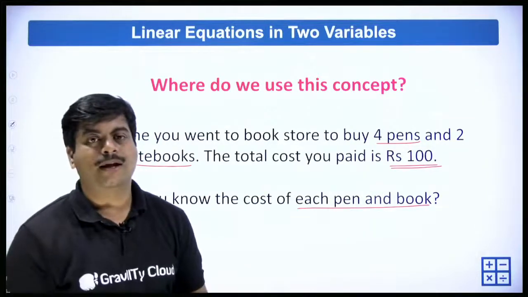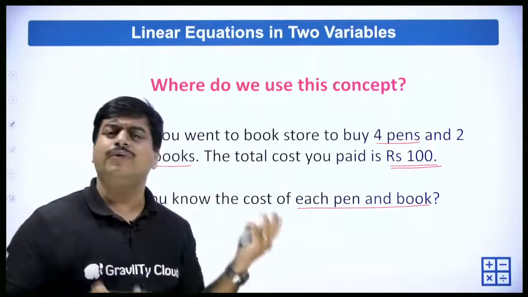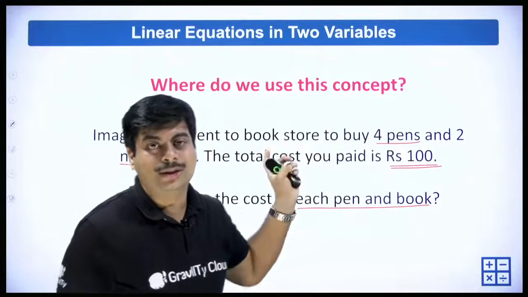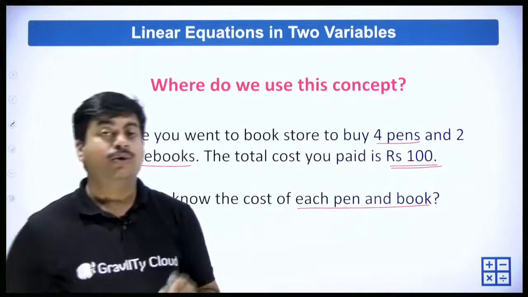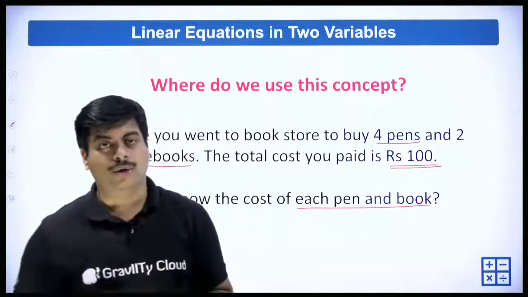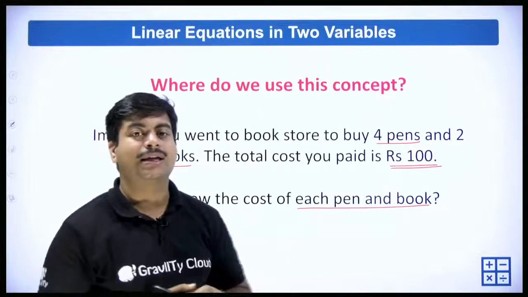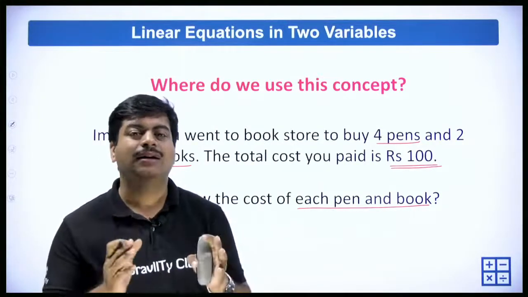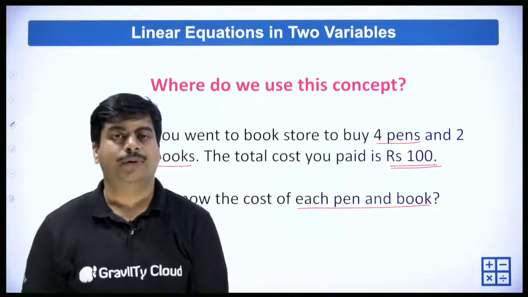So, to solve such things where you have two variables, what are the two variables here? Pens and books are the variables whose cost is not yet known, but by solving linear equations in different methods, we can find the value of each pen and notebook.